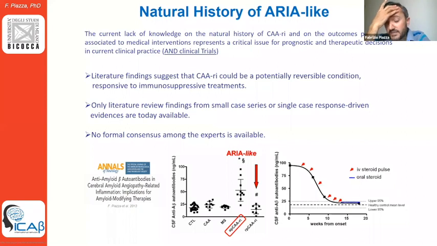However, this evidence comes from literature review findings, from small case series or even single case studies, and mainly from single centers. And this is the reason why we do not have a formal consensus among the experts.